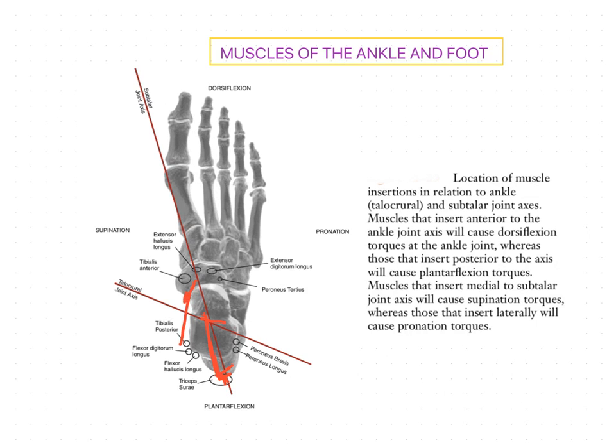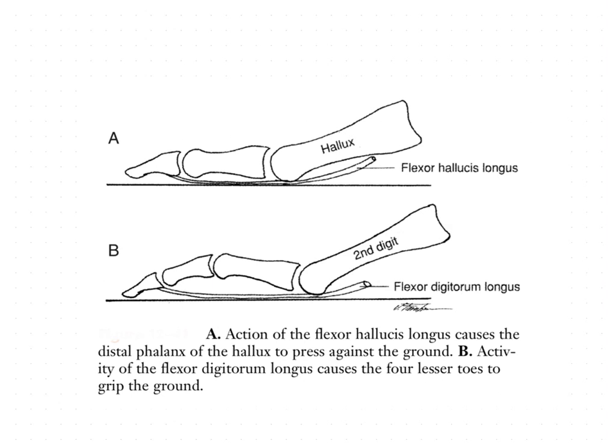Now we will see flexor digitorum longus and flexor hallucis longus. Here are the muscles we can see: the flexor hallucis longus, here the tendon, and the flexor digitorum longus.